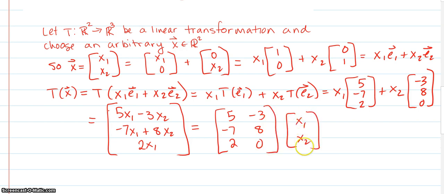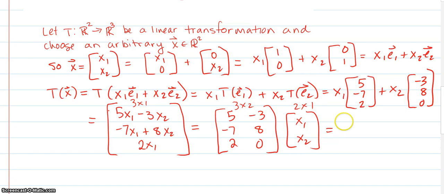This does make sense, because this is a 3 by 2 and this is a 2 by 1, so the result is a 3 by 1. And if you multiply these out, you can see that this would be 5x1 minus 3x2. The second line would be negative 7x1 plus 8x2. And the last entry is just 2x1.